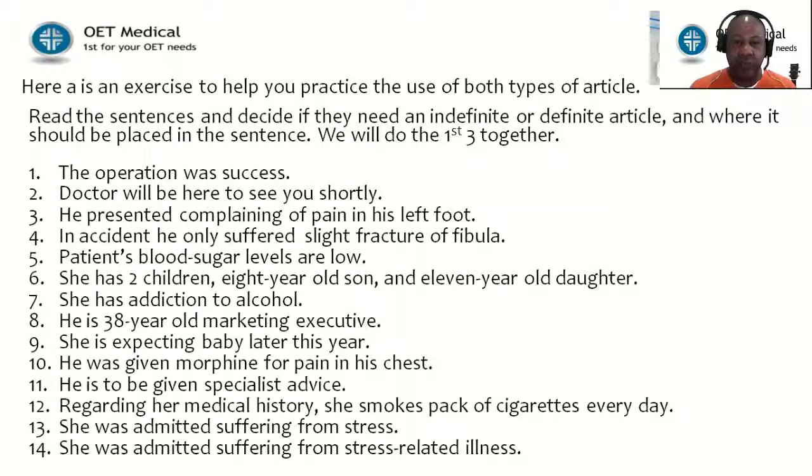If you'd like some exercises and you don't have any, please just either send us an email or make a comment on the video requesting some material, and we'll try and get it to you. You may have to supply your email address or something, but if you want some material and we have it, we'll gladly provide you with more exercises related to articles.